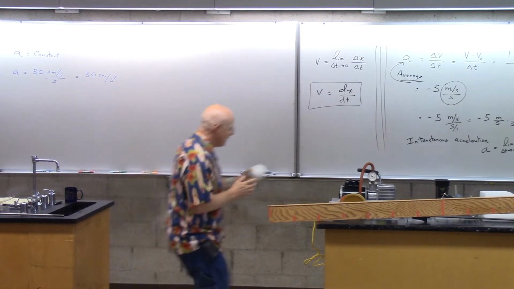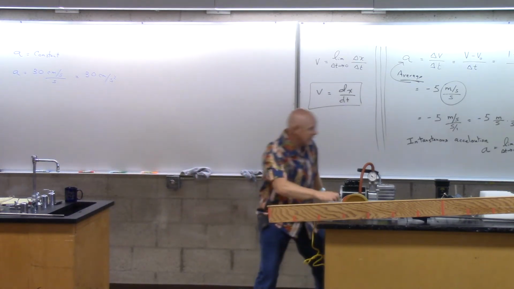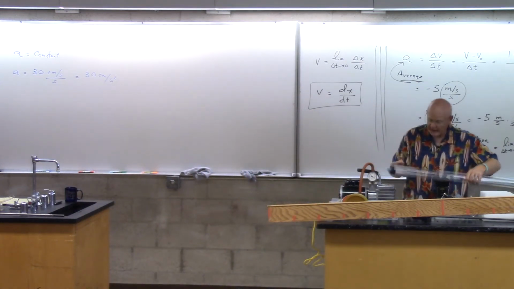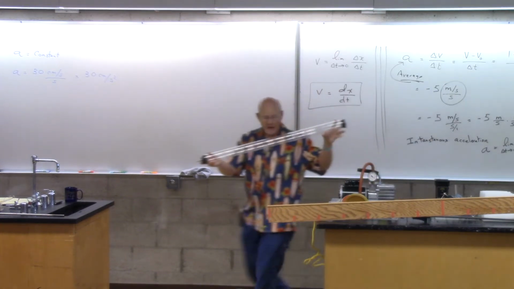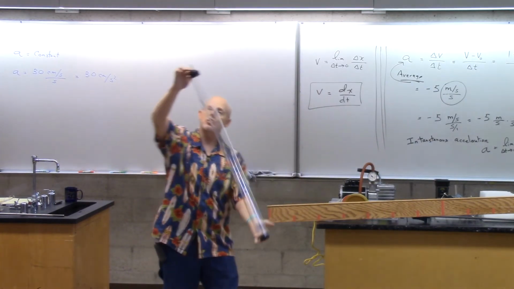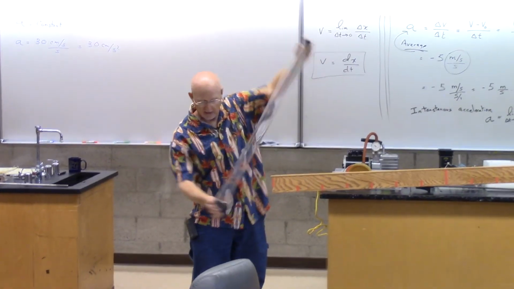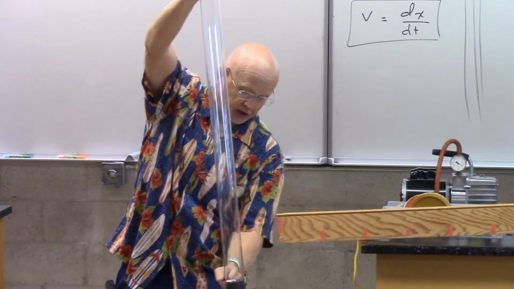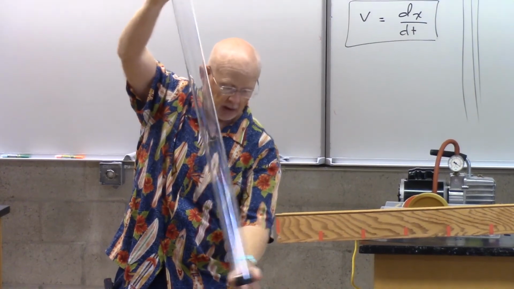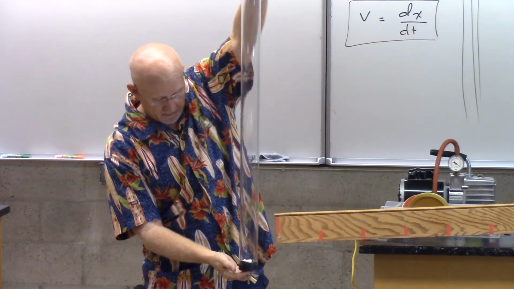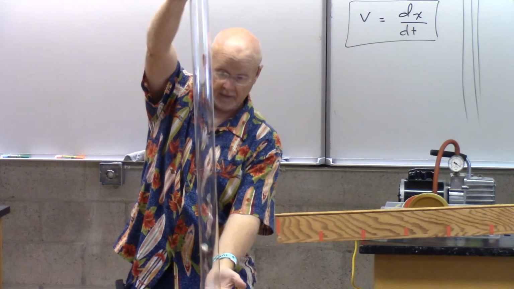Which is why I decided to bring this out. I thought this would be clever and hopefully allow you to see it better. If I take this tube, can you see these white pieces falling? There's a shiny disc, and then there's a white feather and a white tissue paper.